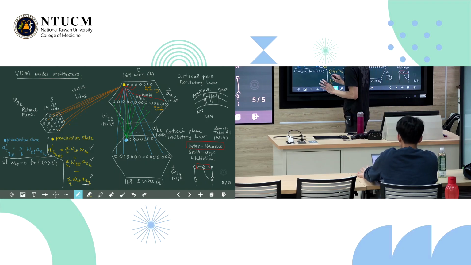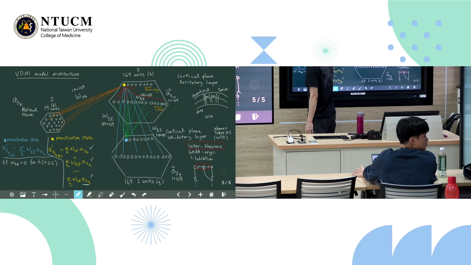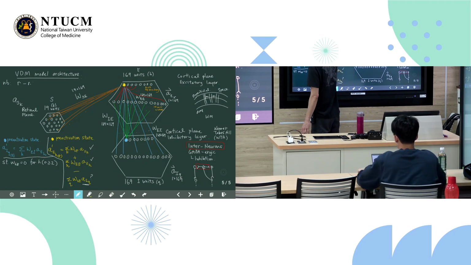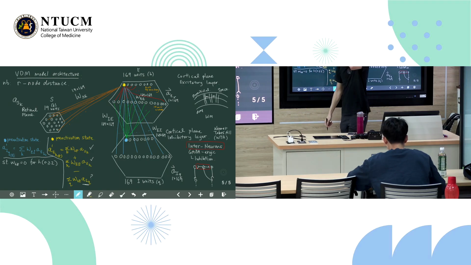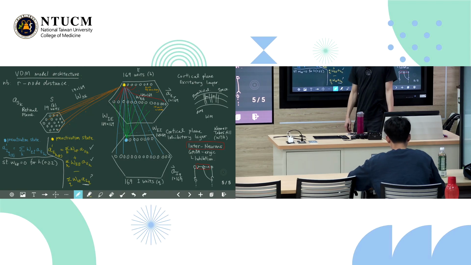Where am I going to write it? Here. Note that R is node distance. Node distance means you have to do some geometry. Okay? I'm going to put this here now, so that I can have this space.